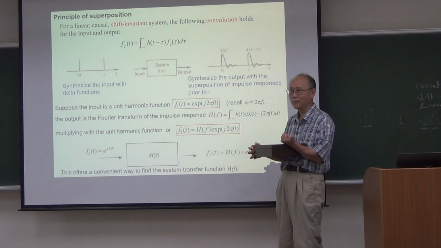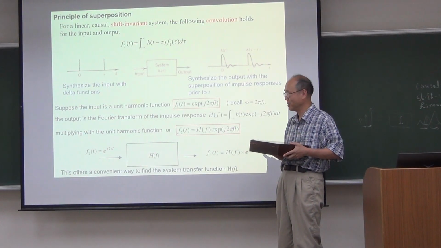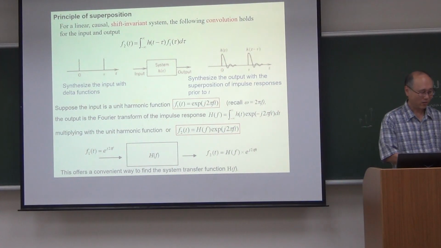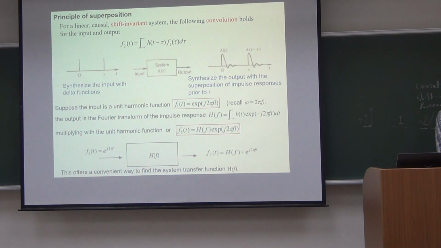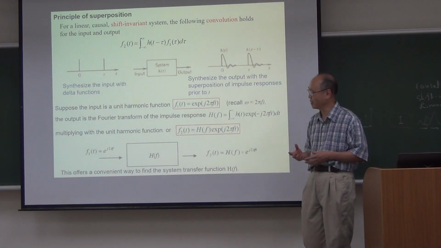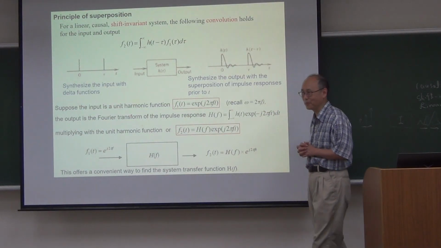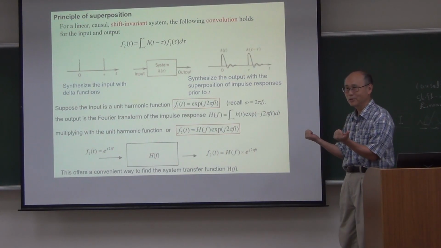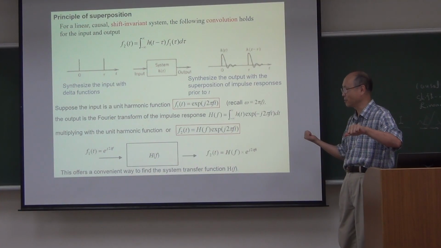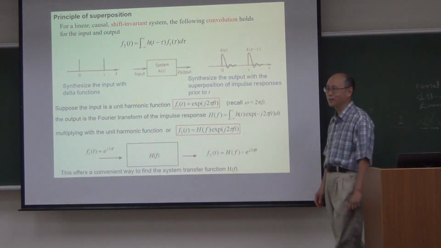If I vary the frequency of the sinusoidal function and measure the output, I can get this. You understand what I'm saying? If you want a simple way to get the transfer function of this linear system, you can do a very simple measurement. Just put a sinusoidal function into the system and then measure the output. Then you get this transfer function.